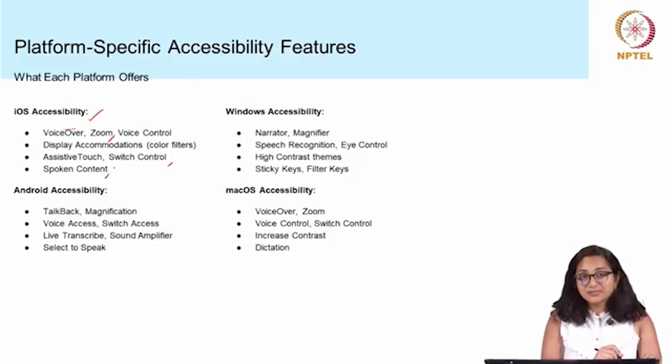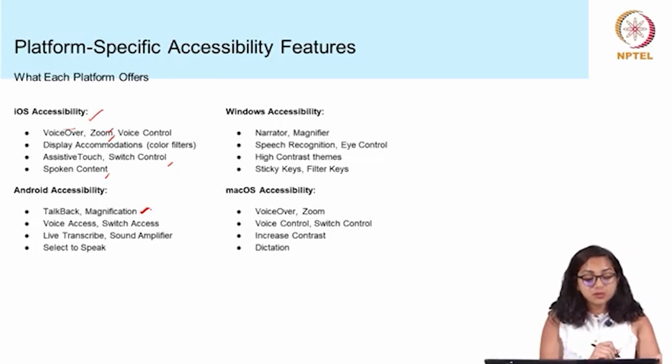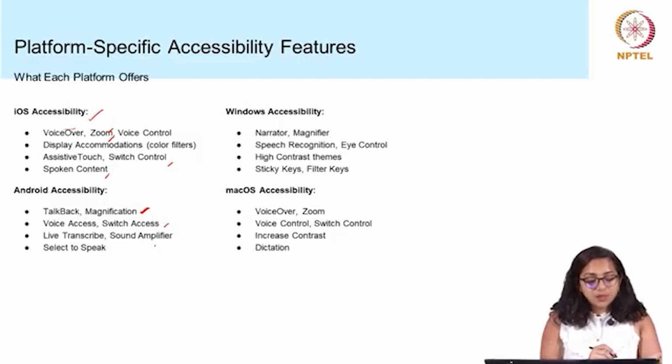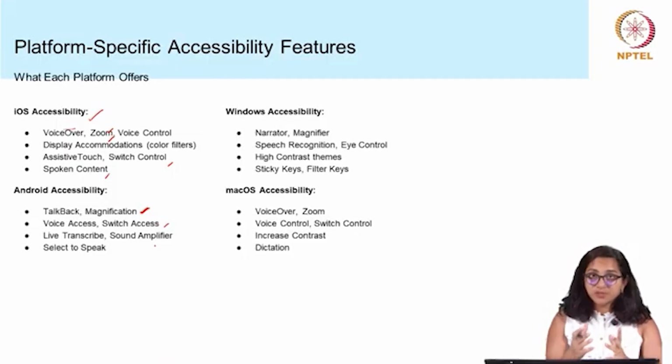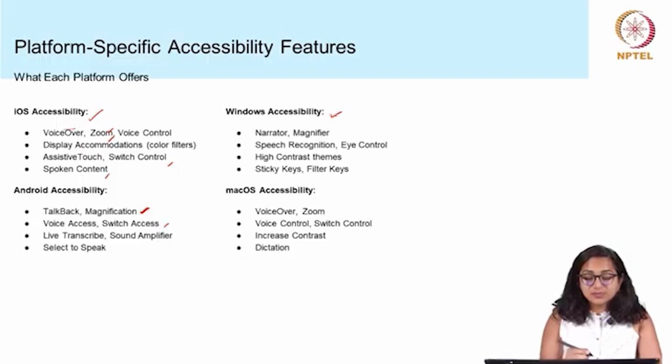Then Android accessibility has TalkBack, it has magnification. The same Zoom is called magnification here. The voice access, switch access, live transcribe, sound amplifier, speech navigation, all of those things. Then we have Windows accessibility.